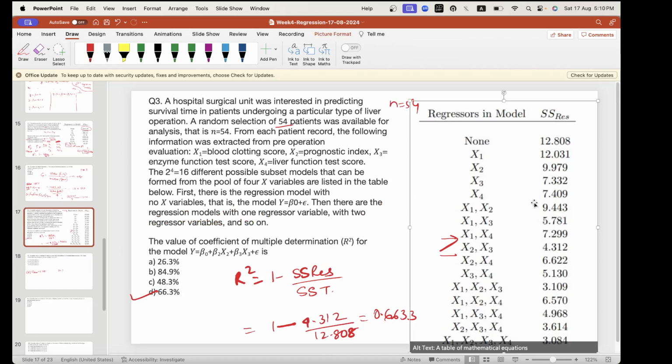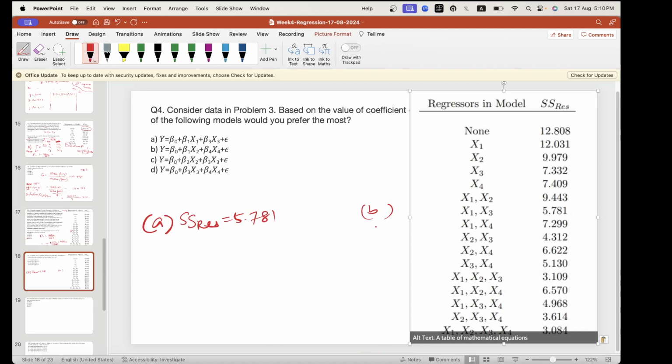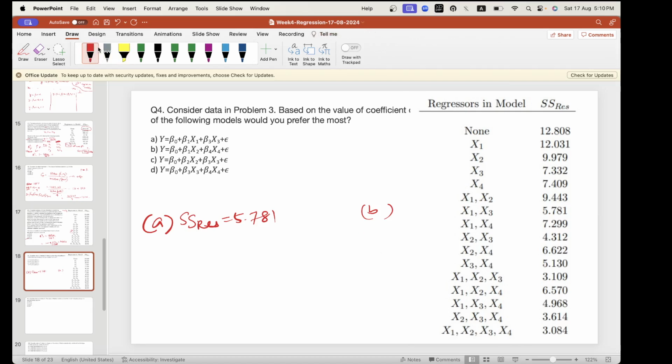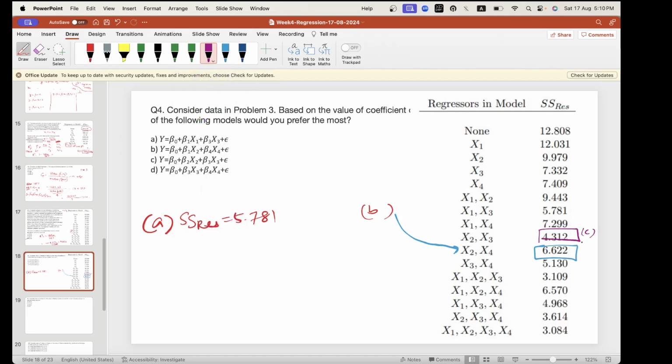I'll just copy this. C is x2, x3. This is your C. And D is x3, x4. So this is your D.